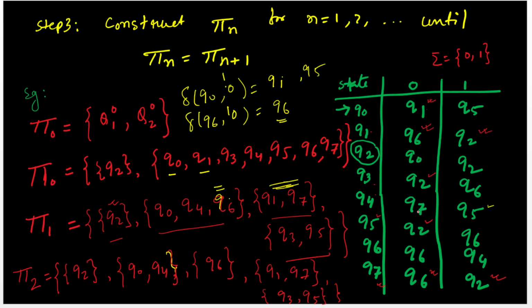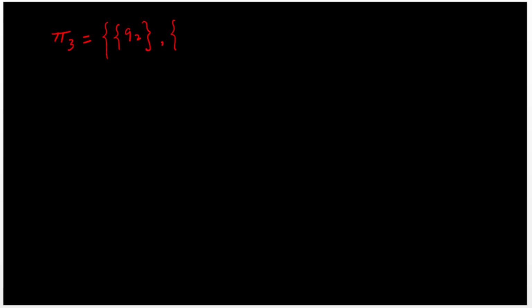So Q1 and Q7 are in the same equivalent class of pi 2, so no problem for the input 0. And Q0 and Q4 by taking 1 give Q5, and Q4 gives Q5, obviously also in the same equivalent class of pi 2. So Q0 and Q4 are in the same equivalent class of pi 3. Q0 and Q4 will remain the same, and Q6 is a singleton set, no problem.